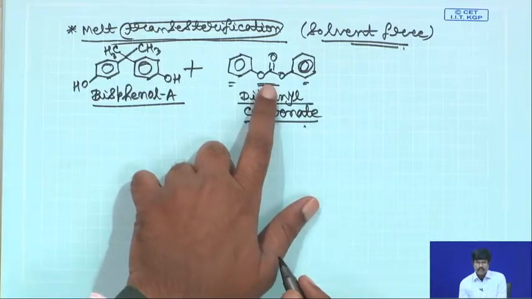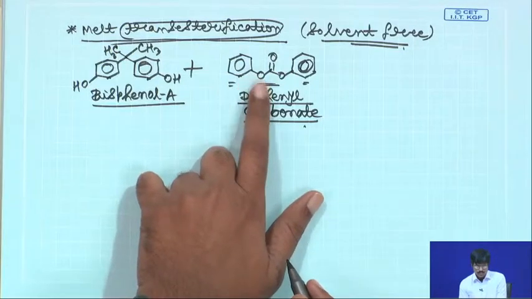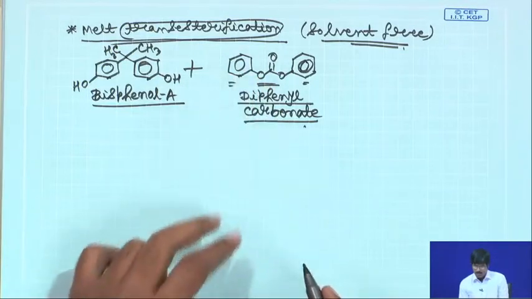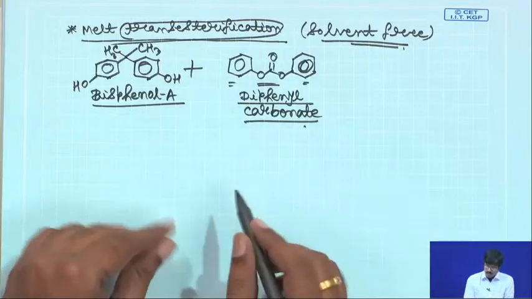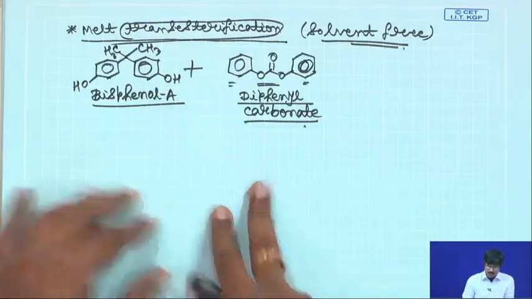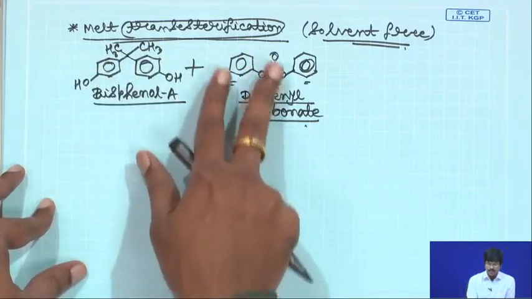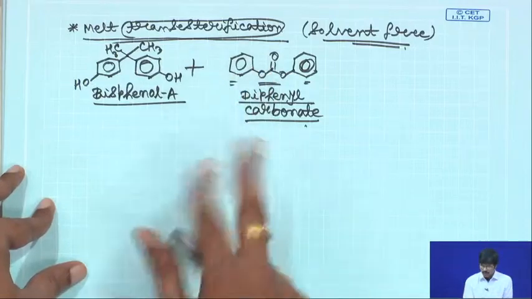So, this is an ester here, this is an acid and this is the alcohol part. So, there will be a transesterification. So, basically what you will have is that this alcohol part will be removed and this alcohol will be added to this. So, this will be a transesterification process. So, the byproduct will be phenol.